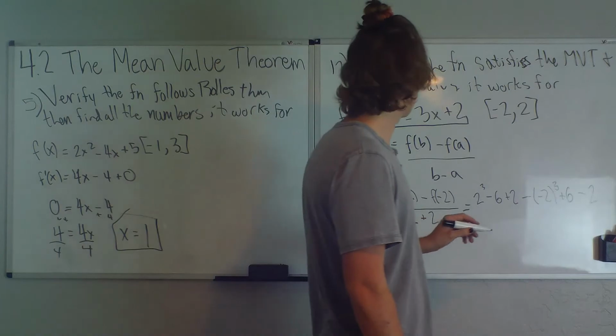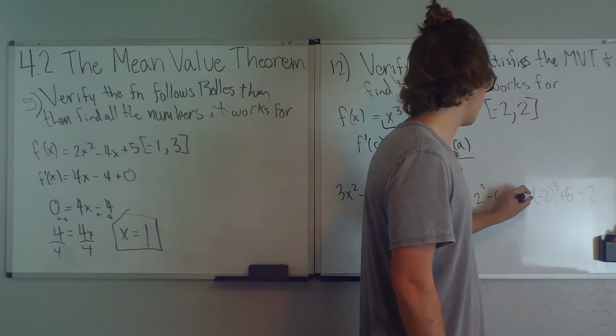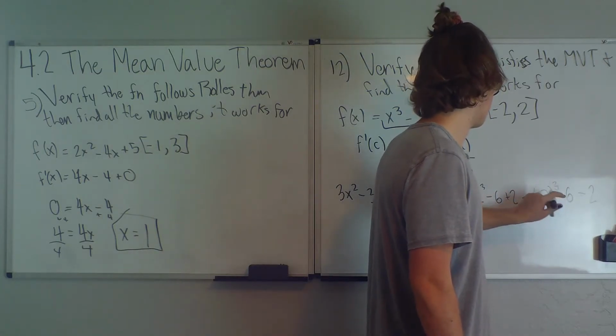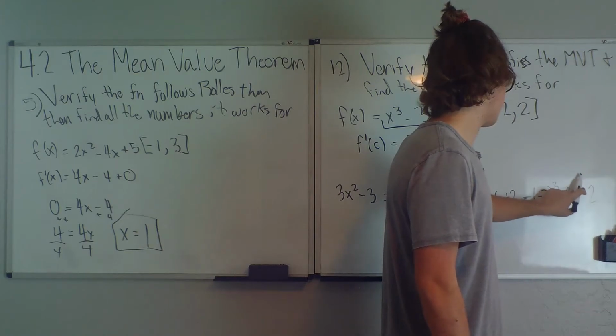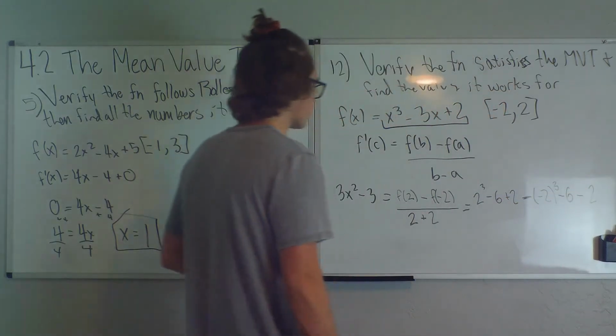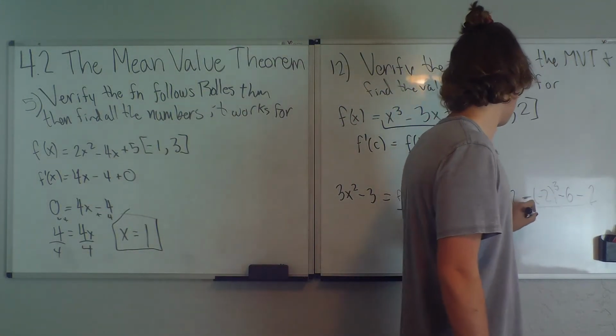And then we have to distribute our negative, right? So this will become negative, and that will become negative, right? And then we get all over 4.